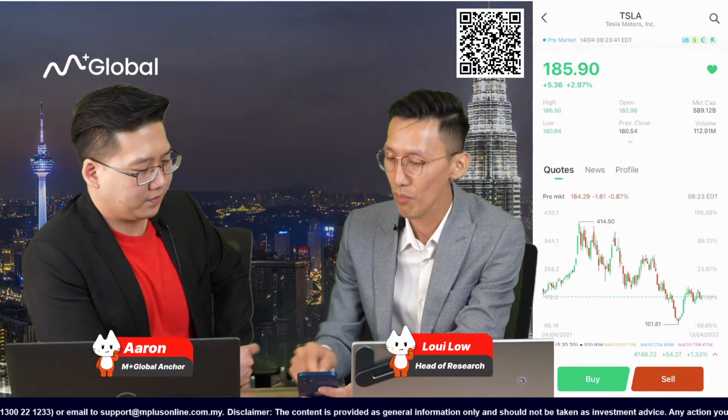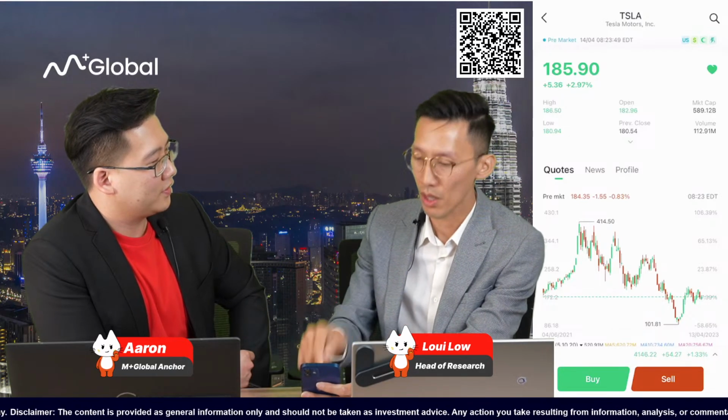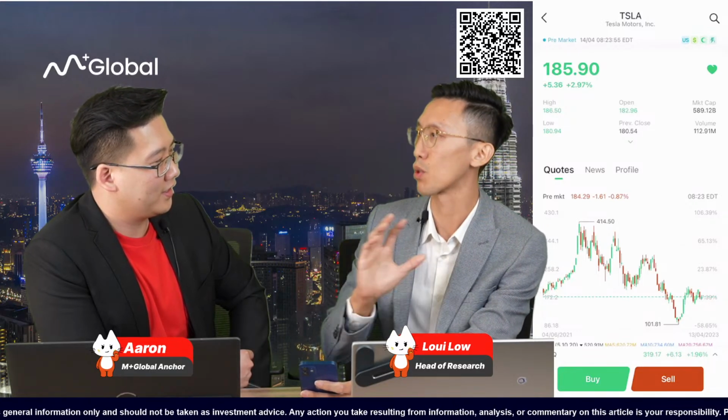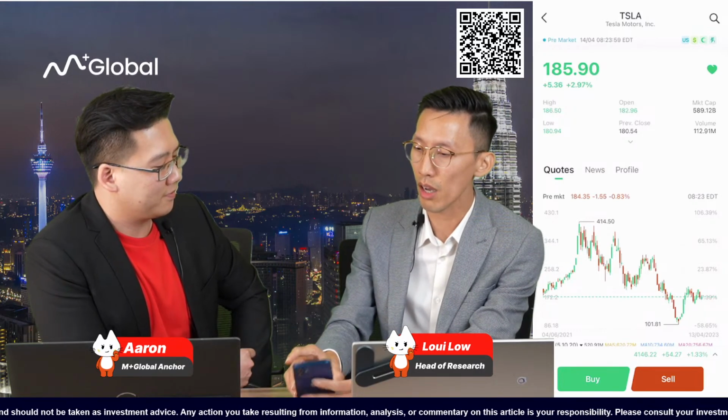So right now, this is a point where we need to really look into their earnings. Whether the earnings outperform or underperform will dictate the share price from this point onwards. That is my view, because whatever they need to produce, they are already producing at the fastest pace. If they produce more and can sell more, that is economy of scale.